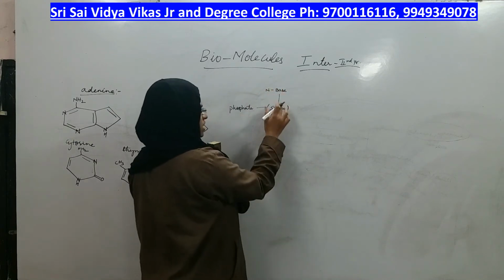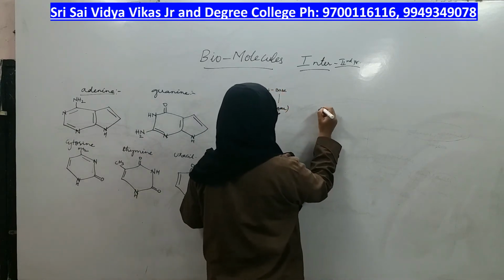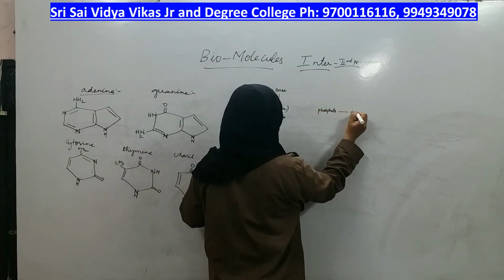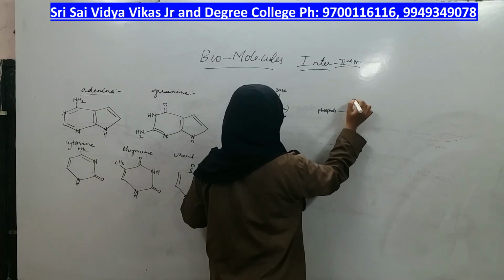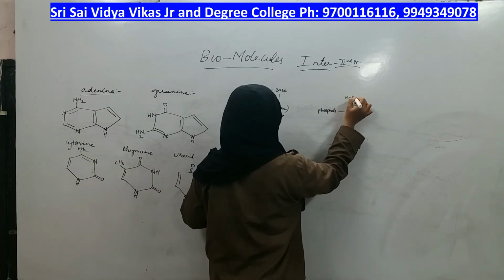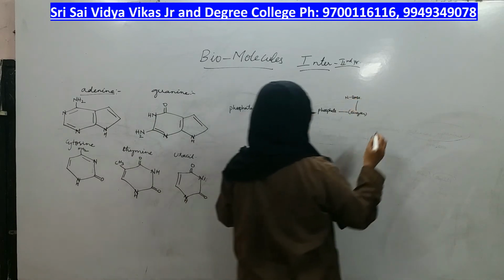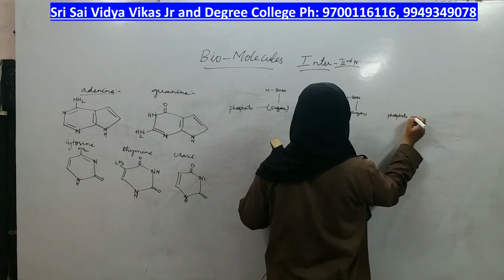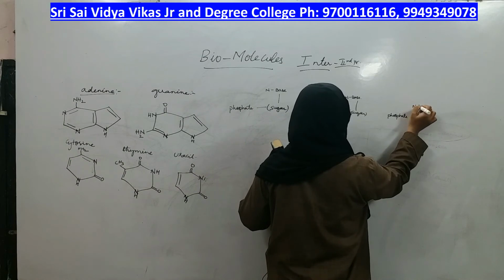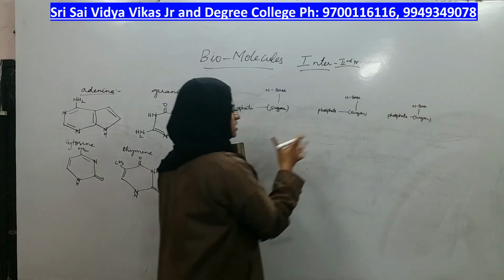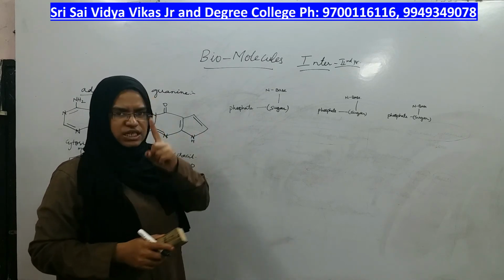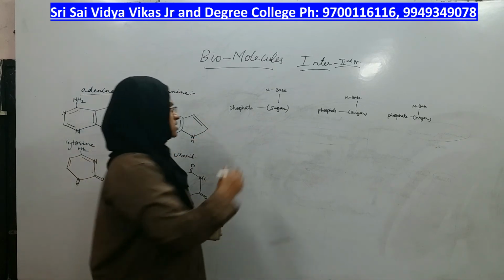This is one nucleotide. In the same way there is another nucleotide exactly the same. I will write phosphate, sugar, nitrogen base. In the same way another nucleotide has exactly the same: phosphate, sugar and nitrogen base. Are only 3 nucleotides present in one strand? No, there are millions of nucleotides present in a single strand. Like that, how many strands are present?